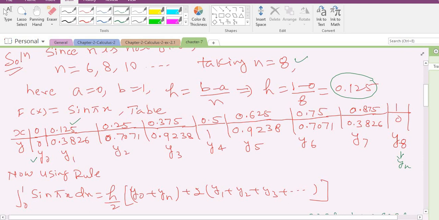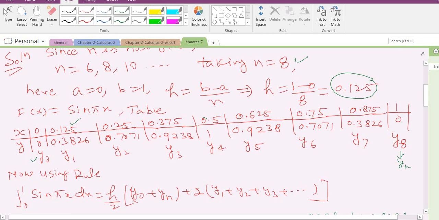At x equal to 0.5, substitute here: sine pi times 0.5 gives you 1. And again add 0.5 plus 0.125. It comes to 0.625. At the value of 0.625, you have to calculate the value of y. And again add 0.625 plus 0.125, so it comes to 0.75.